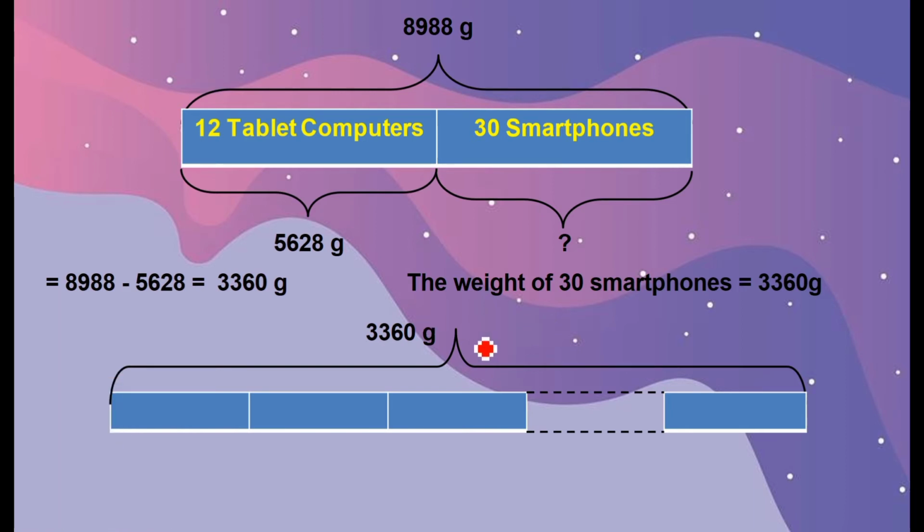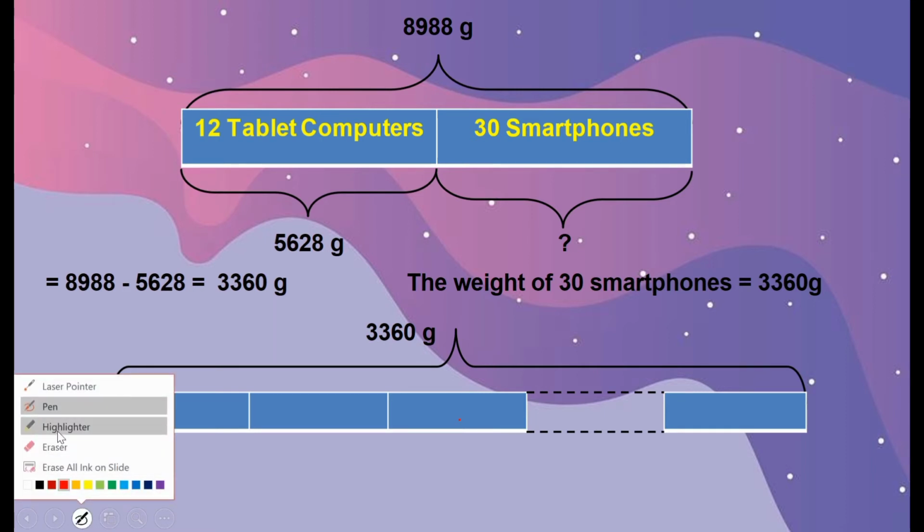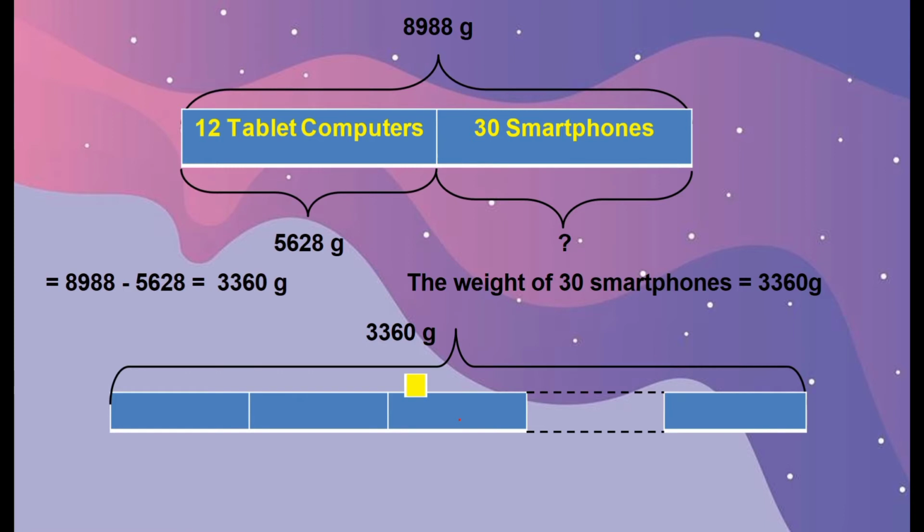Now you will show in this question that we need to find the weight of 1 unit. For 30 smartphones we know the total weight. Now we need to find 1 unit of the 30 smartphones.